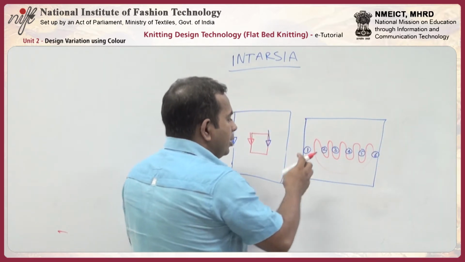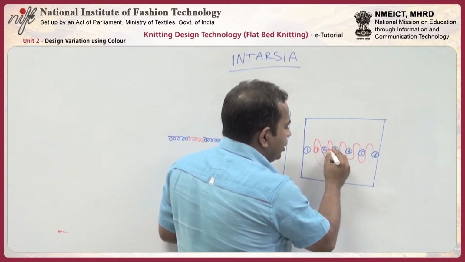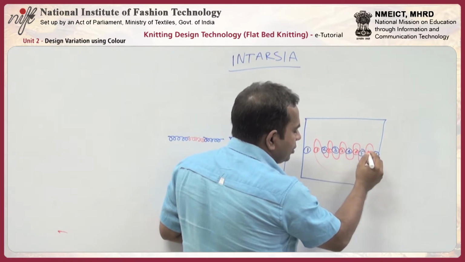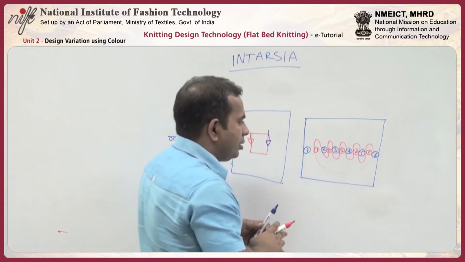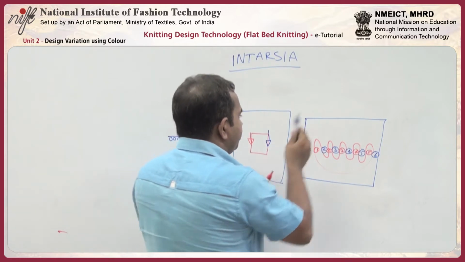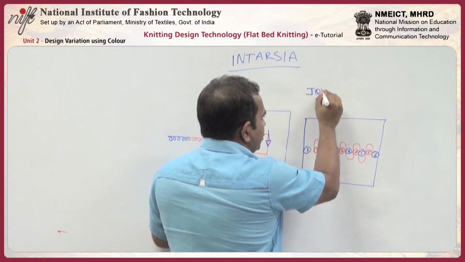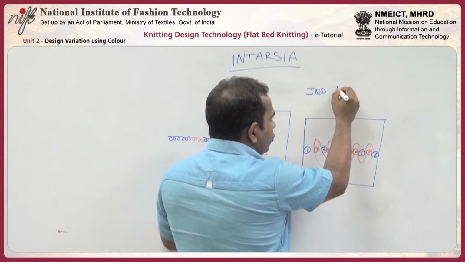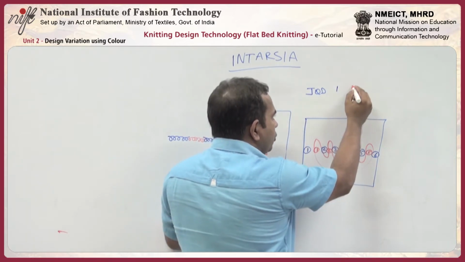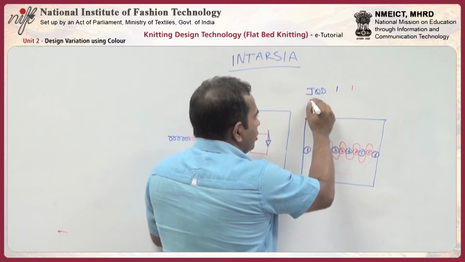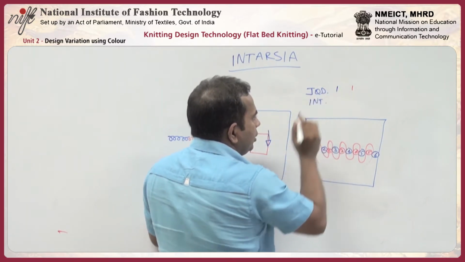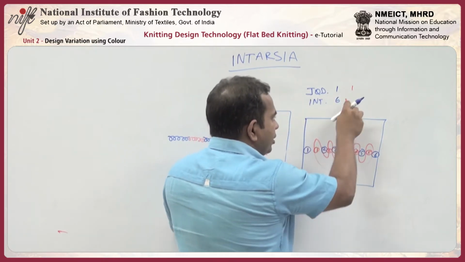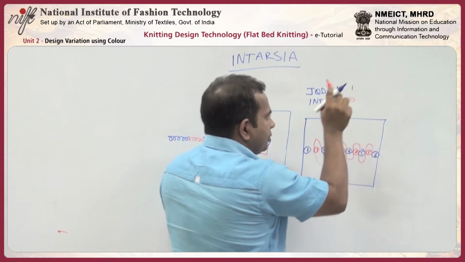Now red: first feeder with red, second feeder with red, third feeder with red, fourth feeder with red, fifth feeder with red. So in jacquard, for this design, blue will have one feeder and red will have one feeder. In the Intarsia technique, we will have 6 blue feeders and 5 red feeders.